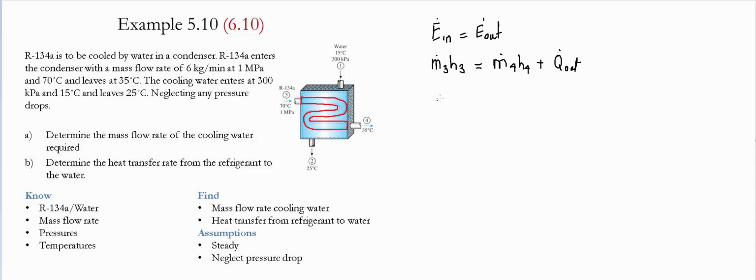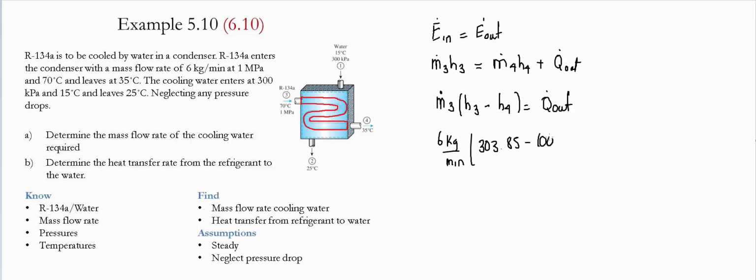So for us to be able to find the rate of heat leaving the refrigerant, we simply solve for Q dot out, and we simply do m dot 3, which is exactly the same value as m dot 4. m dot 4 times H3 minus H4 is equal to Q dot out, and this is equal to 6 kilograms per minute, and the values that we have are 303.85 minus 100.87, in kilojoules per kilogram.